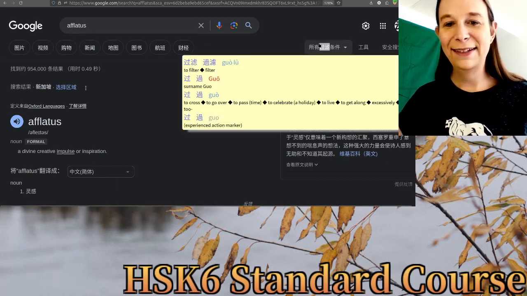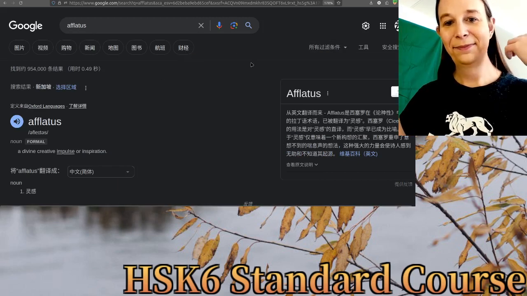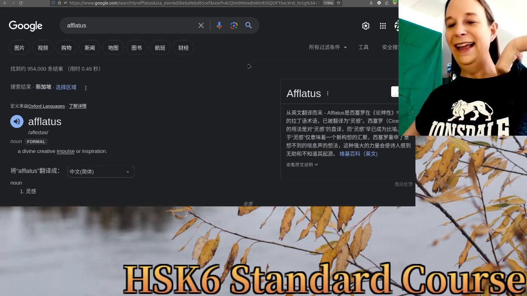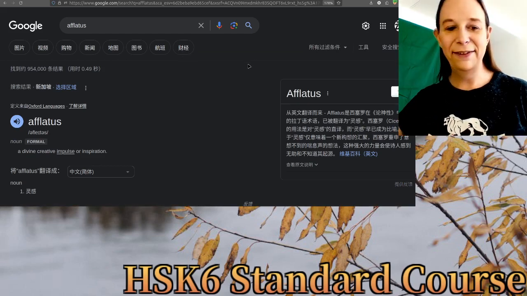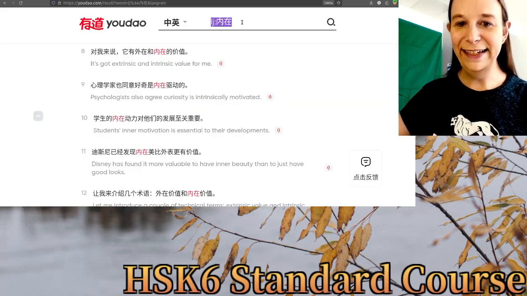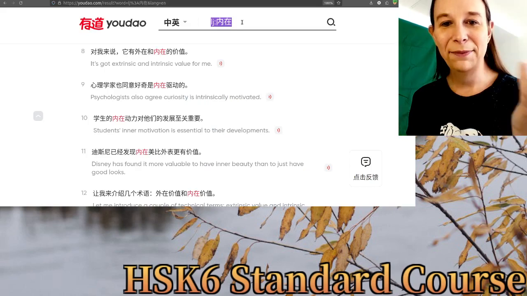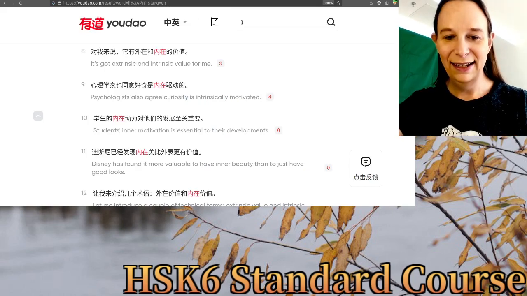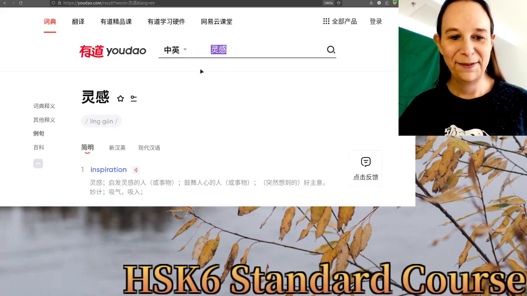This sometimes happens when, I don't know, someone's looked up the dictionary definition of a word like 灵感, and it says afflatus, and they don't realize that maybe no one knows this word. 灵感. Afflatus.